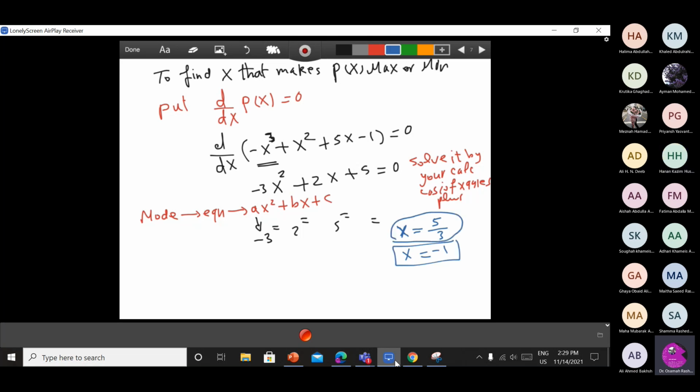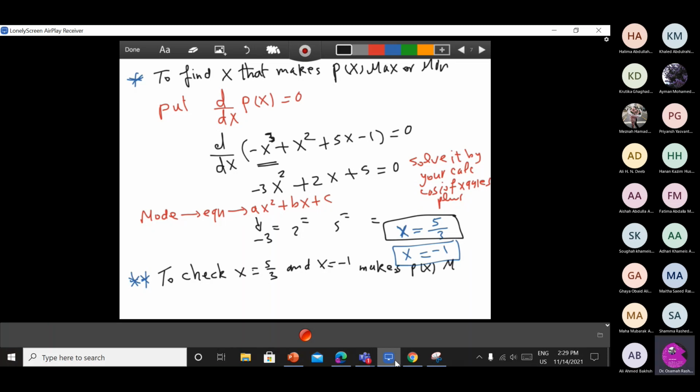Now I have two values. I would like to check this too. This is step 1. Step 2, to check this one. To check x equal to 5 over 3 and x equal to minus 1, maximum makes P of x maximum.